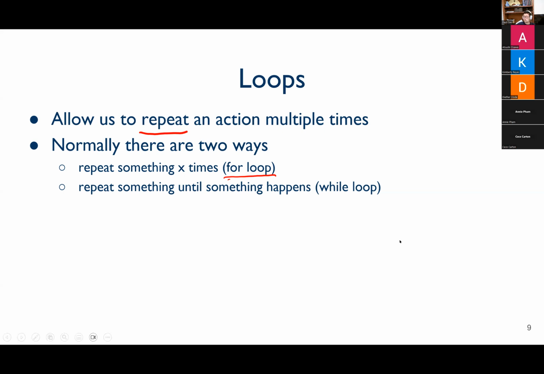In those situations, since you have no idea how many times the user would take, you may use a while loop. Both looping structures are useful, although in this class, we use for loops more often than while loops. So we'll get started with for loops, and then we'll talk about while loops.